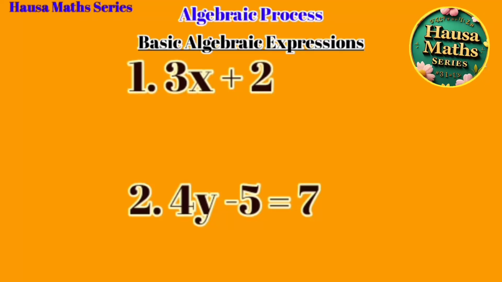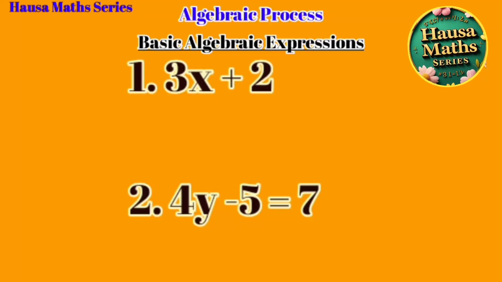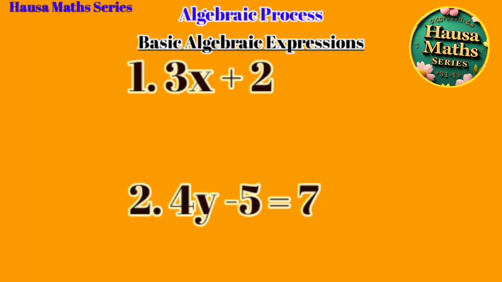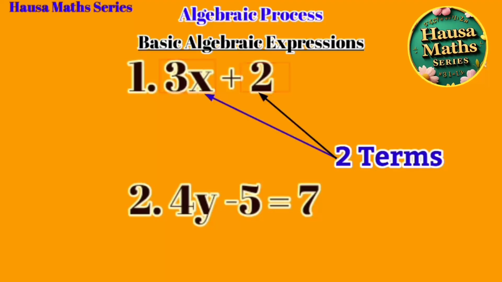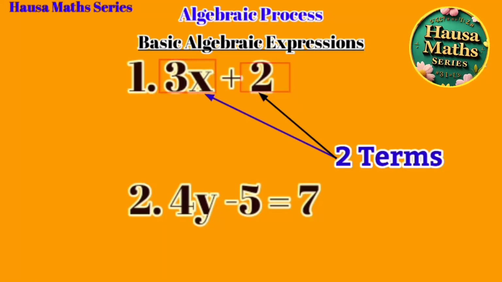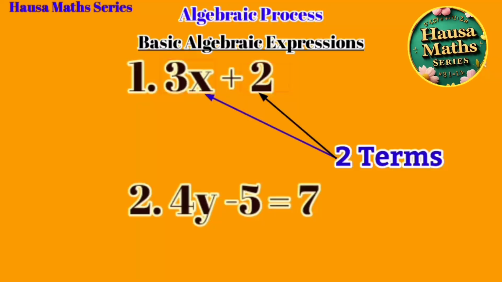What happens 3 times, this 3x, is a single term, and this 2 is another, different term. Therefore all this forms 2 terms. This 2 is a constant, but this one is a variable.